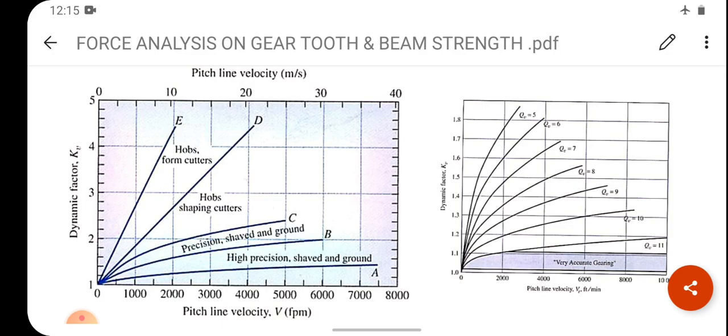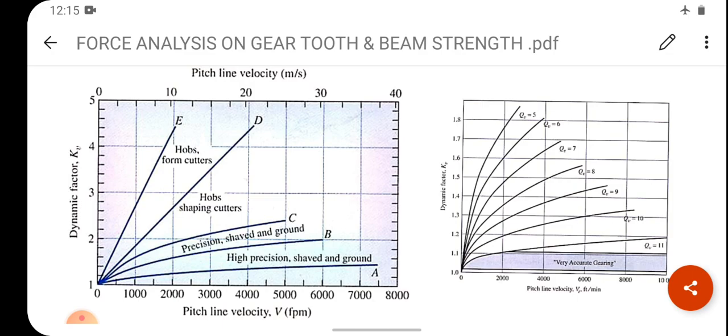So pitch line velocity and dynamic factor, that is KV, and on the top, pitch line velocity in meter per second. So here I have drawn different lines, or you can say different graphs. It will be based on the manufacturing of the gears.